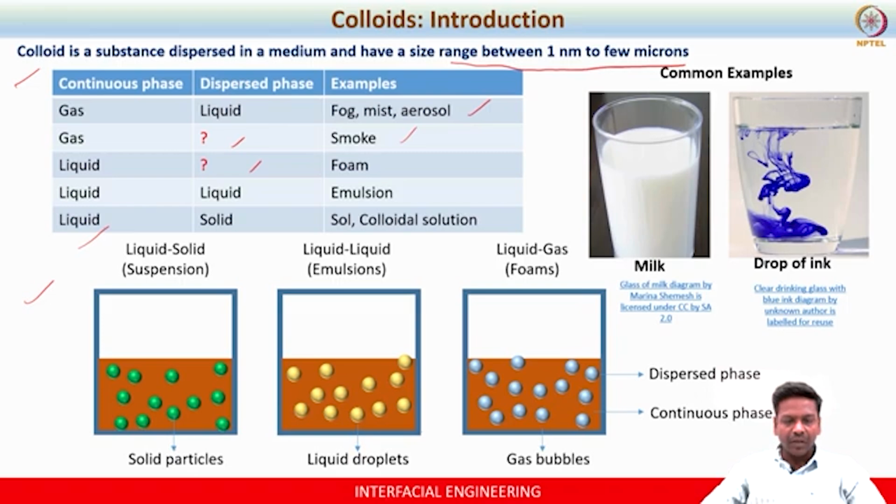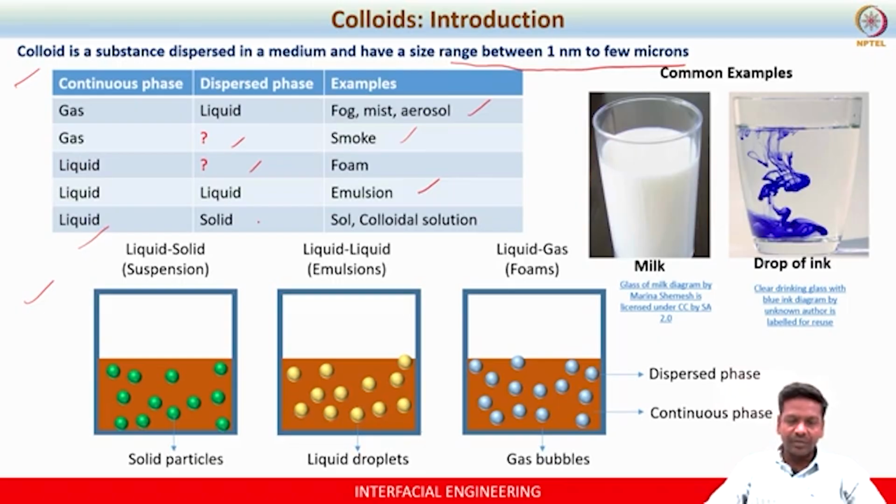And in the case of liquid-liquid interface systems, although we mentioned emulsion, here, unlike with a surfactant, if you use a nanoparticle or particle system, such an emulsion is called a Pickering emulsion.